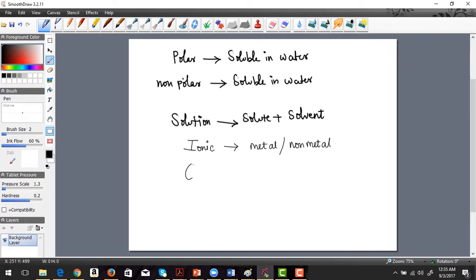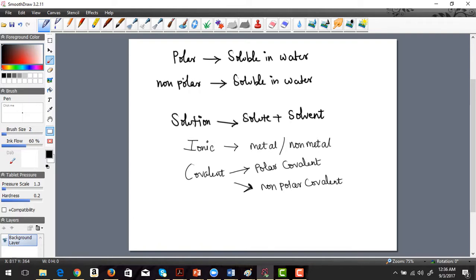But it is the covalent compound that we learned has two kinds. One is polar covalent, and then non-polar covalent, which I don't know why they have to have a category called non-polar covalent when non-polar covalent is essentially covalent compounds. But we're going to learn about it.